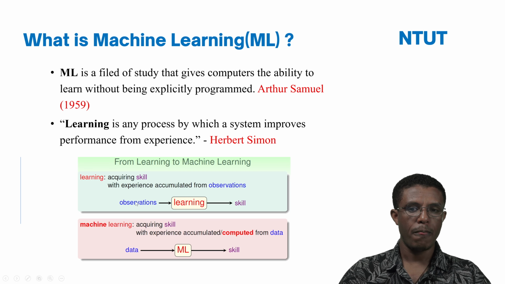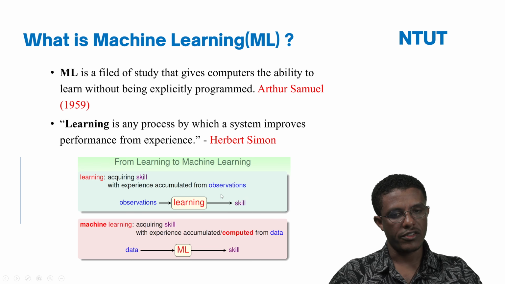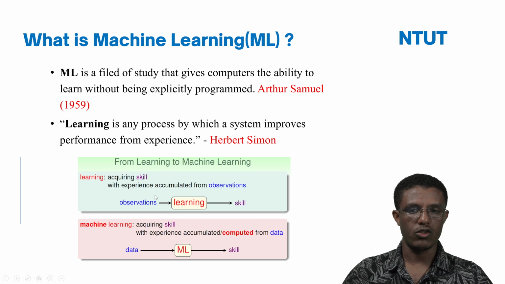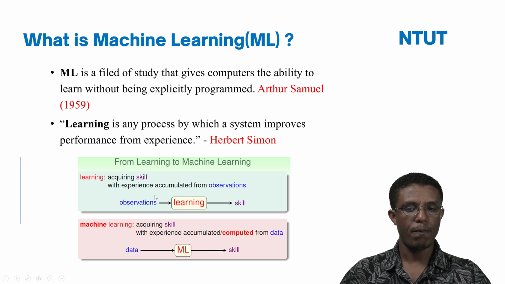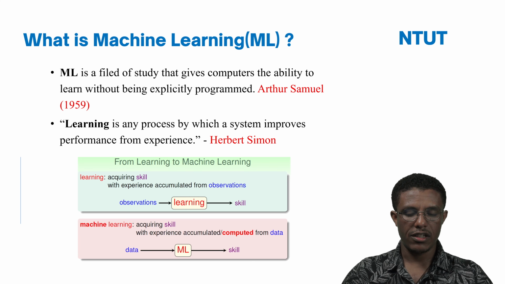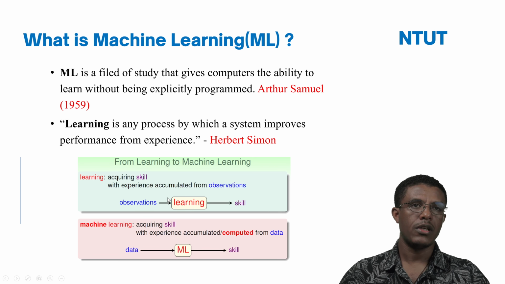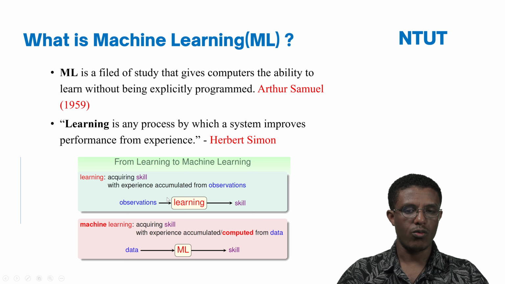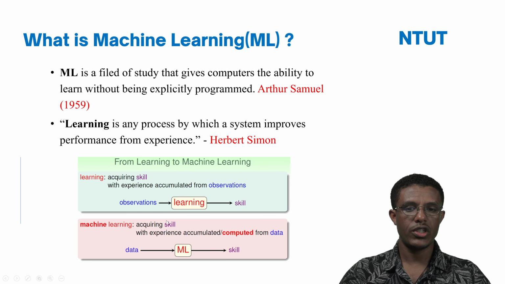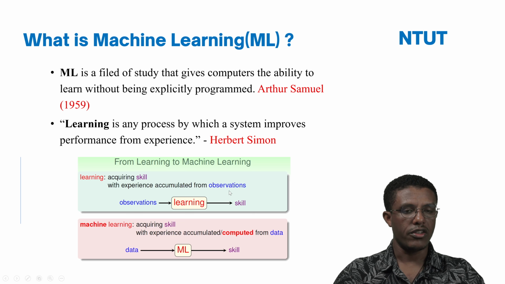So there is an observation, this observation is like learning, and finally we can get the skill. The observation comes from the environment or other areas, it accumulates into learning, and finally we get skills.